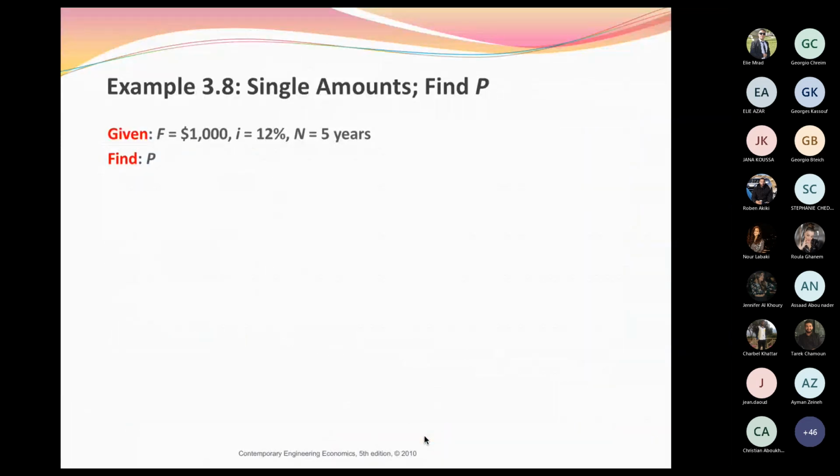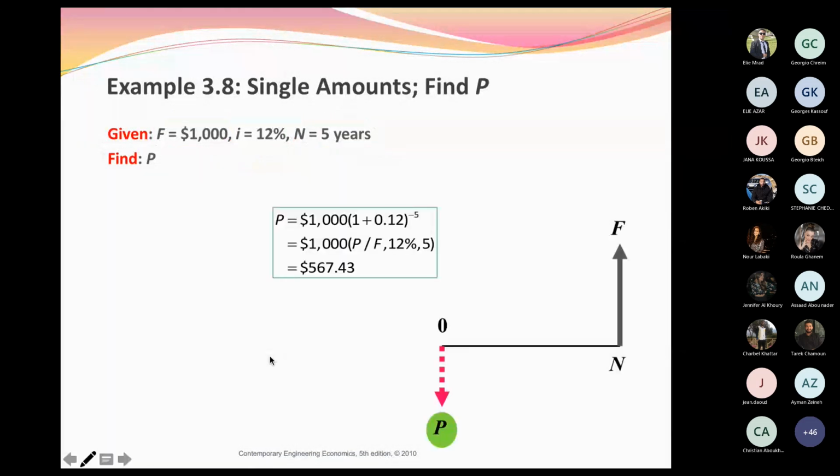We are still considering the single cash flow type, where suppose that $1,000 is to be received in 5 years. That's why we put 1,000 as the F. It is to be received in 5 years. At an interest rate of 12%, what is the present worth of this amount?